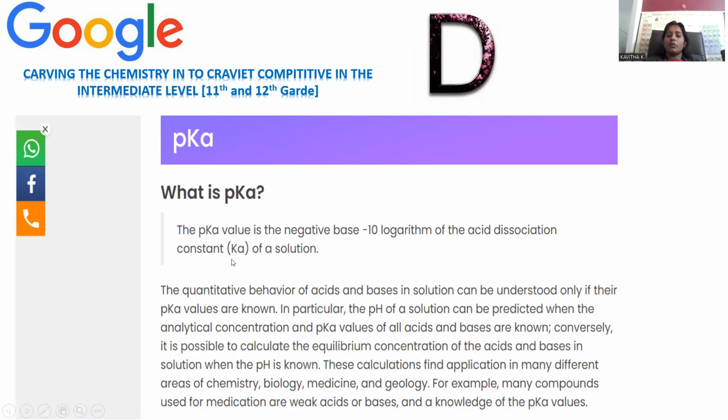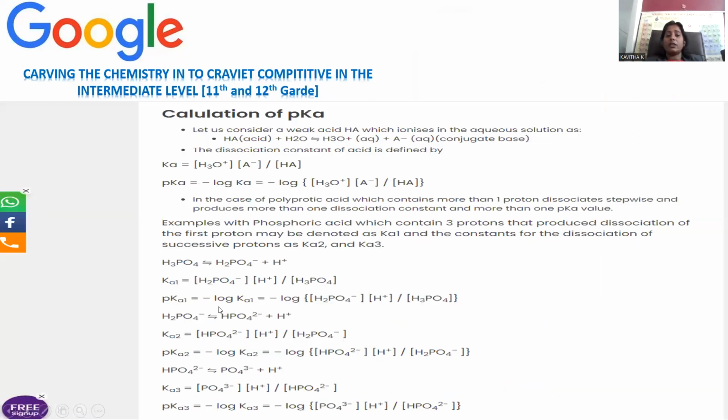Ka is called what? Acid dissociation constant, no? So whose negative logarithm value is called pKa. So pKa for tribasic acid, H3PO4 is the best example for tribasic acid, where 3 H plus are freely released, so that we can say it is the tribasic. Here you can see 1 H plus, 2 H plus, 3 H plus released.